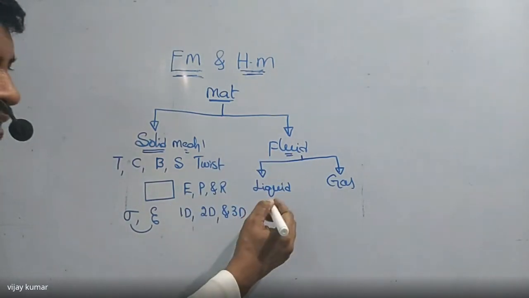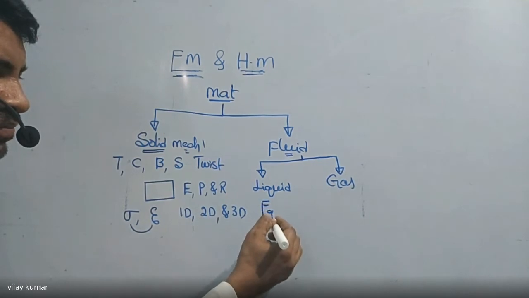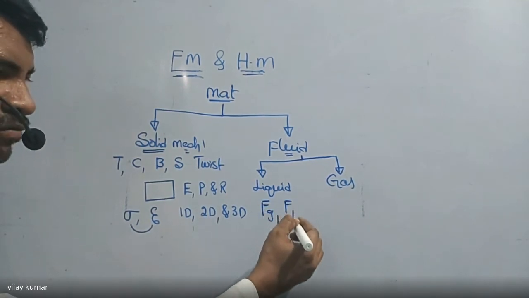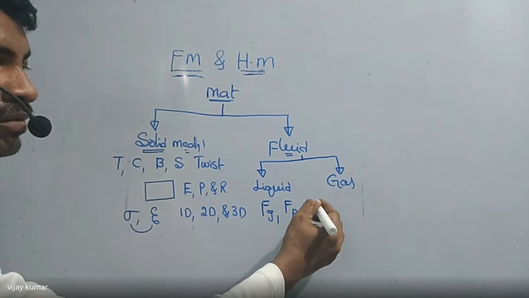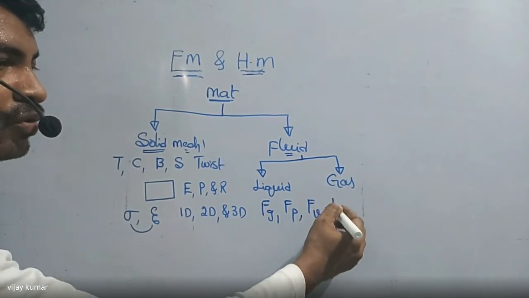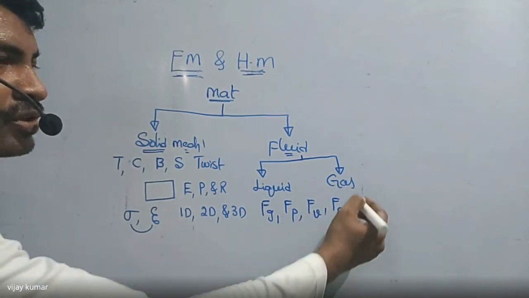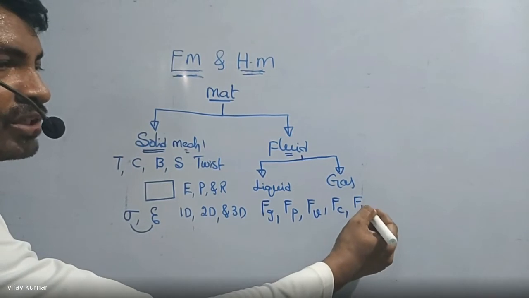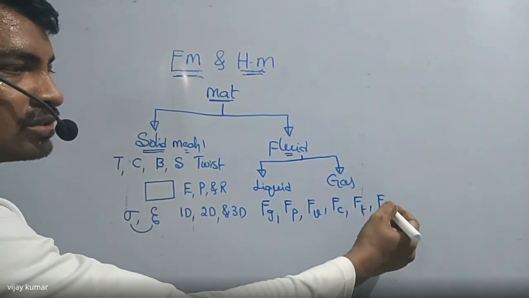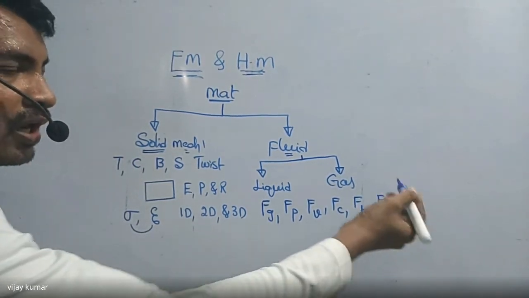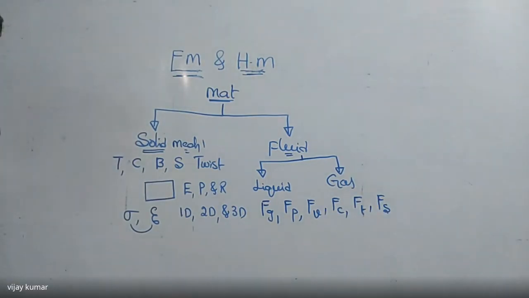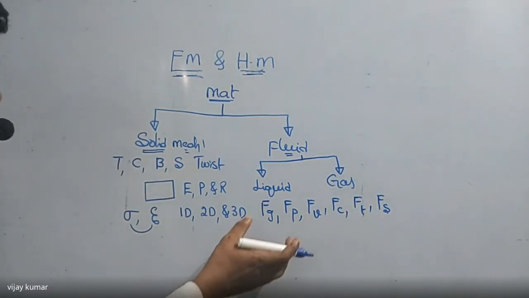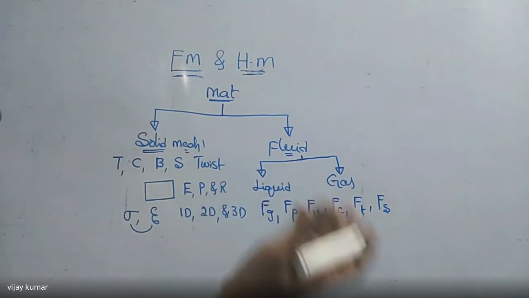First one, gravity force. Second one, pressure force. Third one, viscous force. Fourth one, compressibility force. Fifth one, turbulence force. Next one is surface tension force, and next one is elastic force also. So these are the different types of forces which are related to fluids.